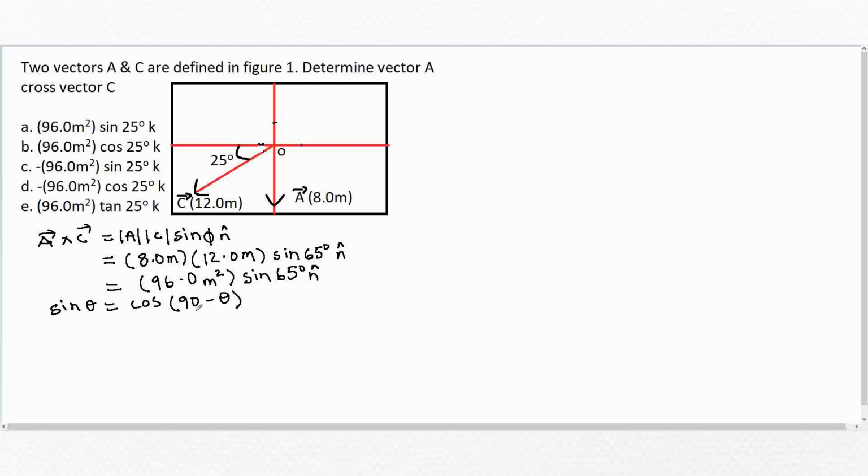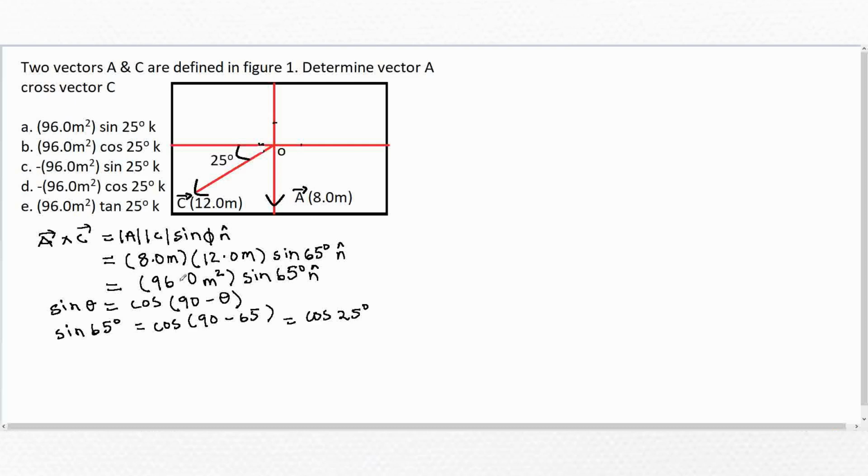So sine of 65 degrees equals cosine of 90 minus 65, which equals cosine of 25 degrees.